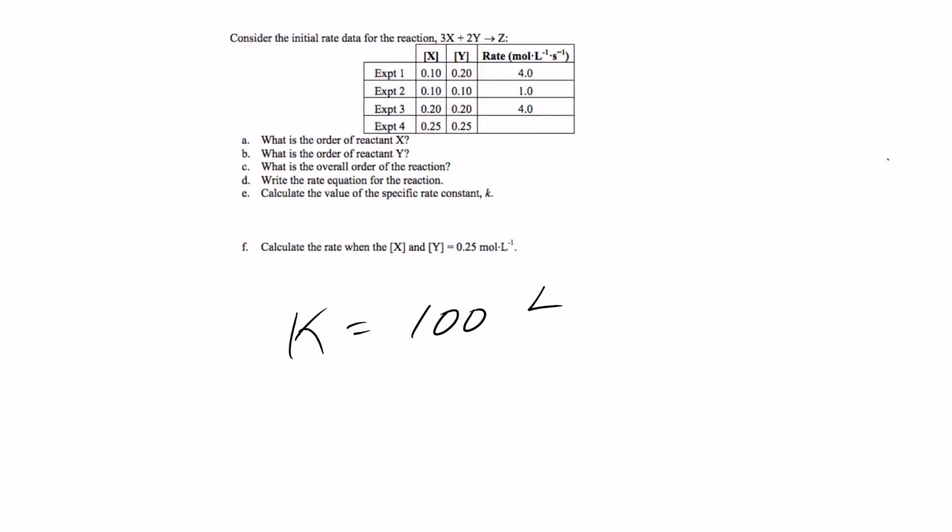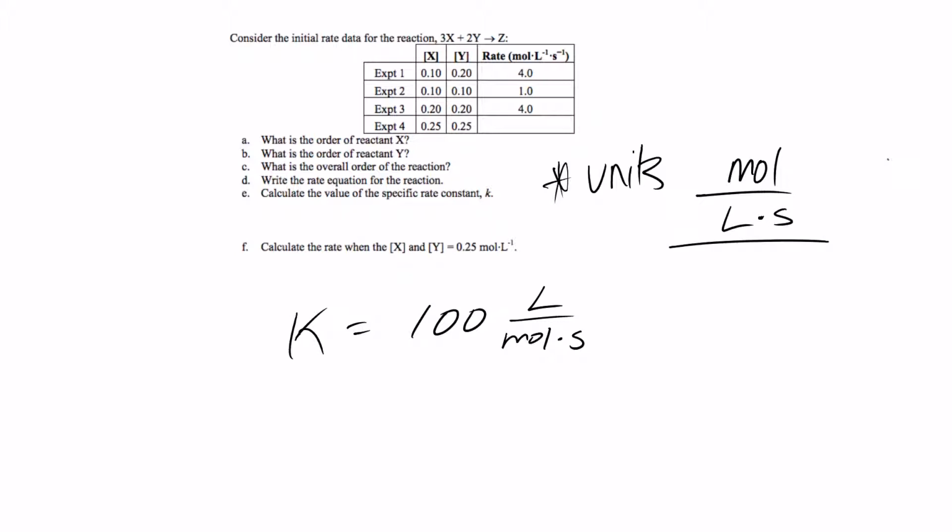And the units are important here. It's liters per mole second. Okay? Second order reactions will always, always, always have this liter per mole second K units. So sometimes you can just look at the units and know the order of the reaction. Here's a quick little side math of how I got those particular units when I squared Y concentration and moved it over to the left side of the equation, if you want to work that out.